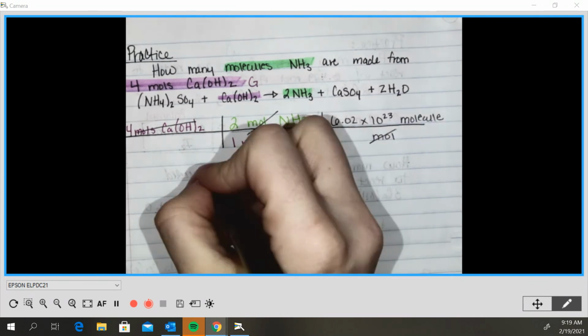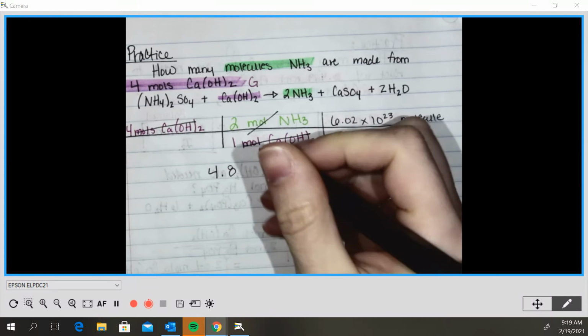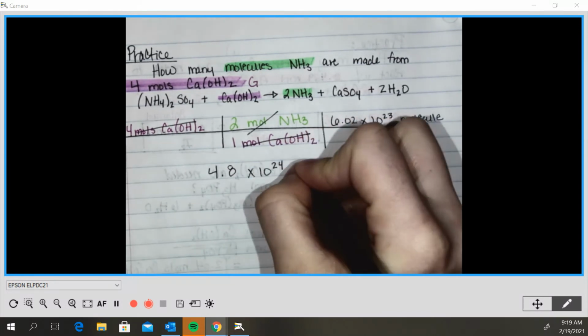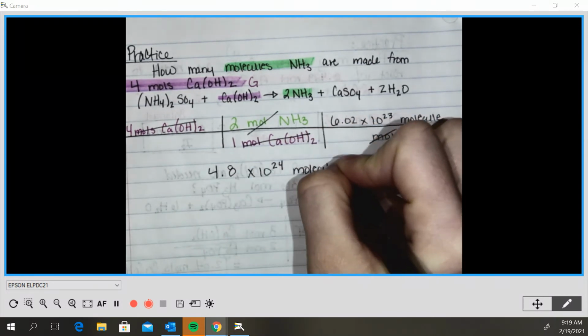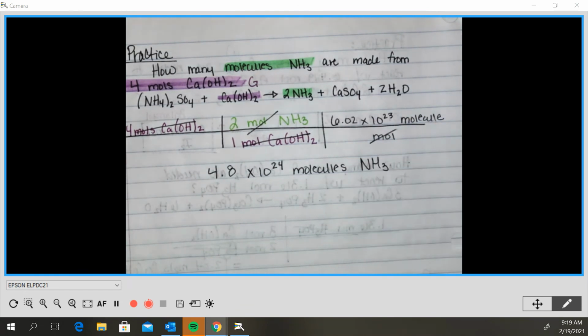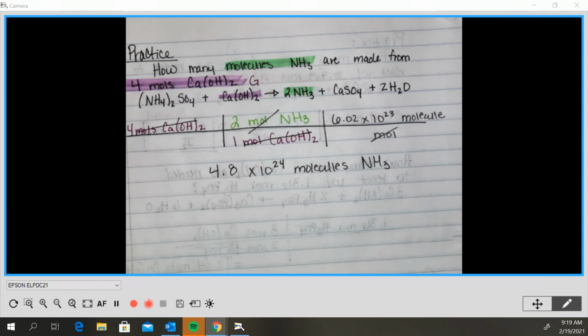And you should have gotten roughly 4.8 times 10 to the 24 molecules of NH3. Is that roughly what we got as our answer? Roughly. Okay. Thumbs up, thumbs middle, thumbs down. How do we feel about this?